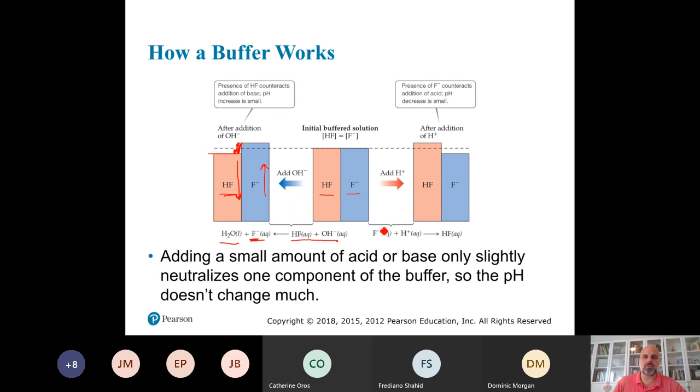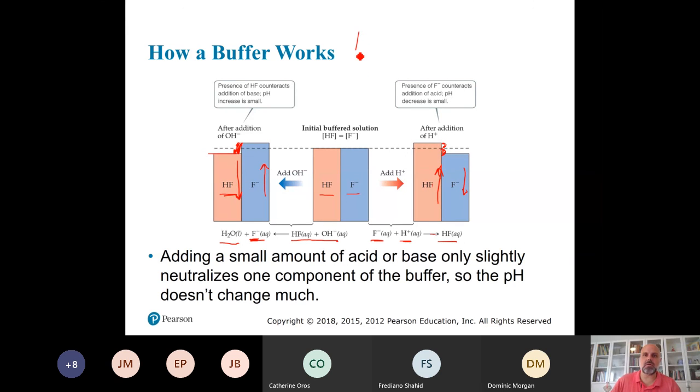Conversely, if we add acid to the solution, the fluoride is going to react with the proton that we add. So our HF is going to go up and our fluoride concentration decreases. Again, these changes are very small, so our overall proton concentration in the end remains the same.